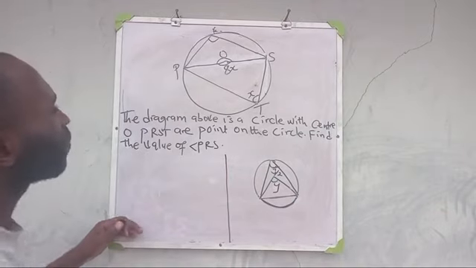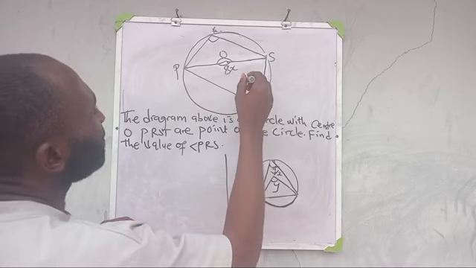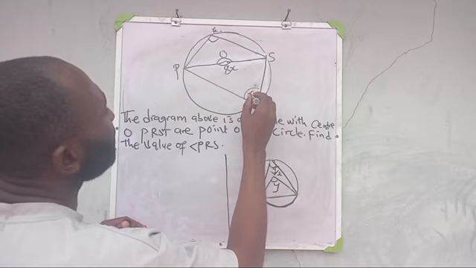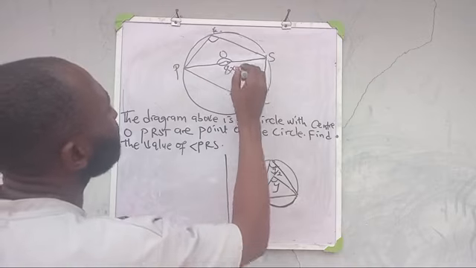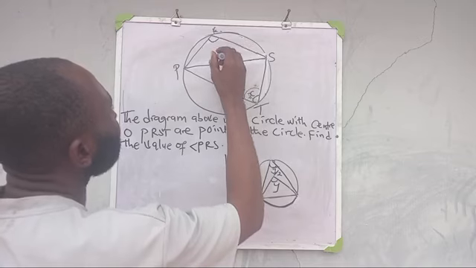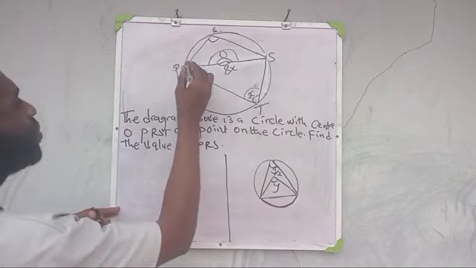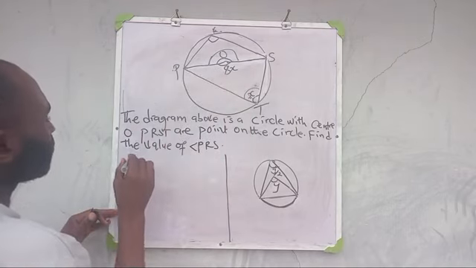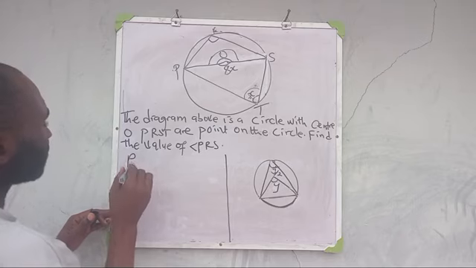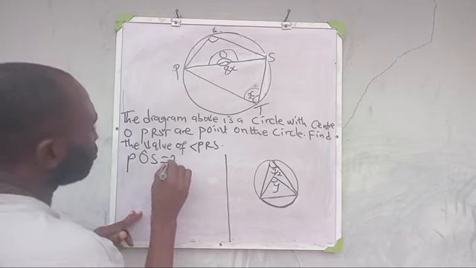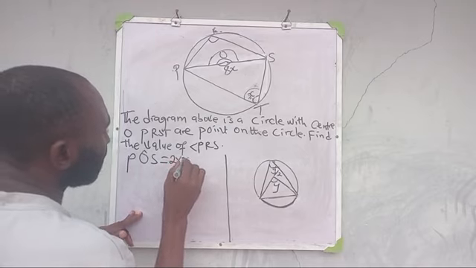So what we are going to apply here is that automatically we know the angle here is twice this angle here. So for you to know angle POS, angle POS is equal to 2 times x.